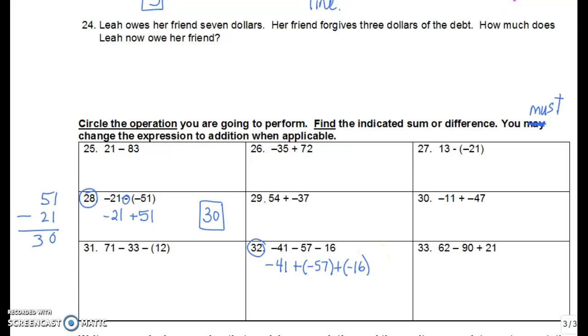How many negative tiles do I have? I'm going to come over here and line them up. 41 plus 57 plus 16. Notice I'm not putting negative signs there because I know my sum is going to be negative. When I add this up, I get 114 negative tiles. The answer is negative 114.